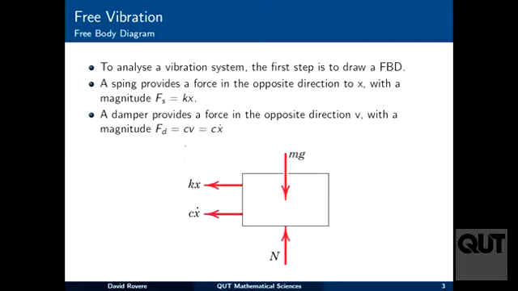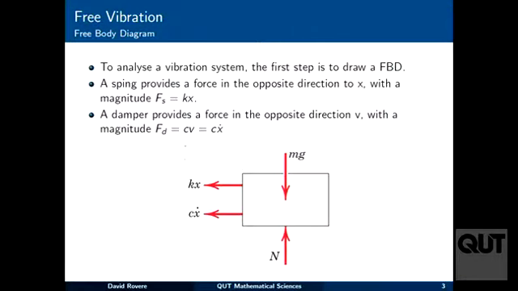A damper is another common element. A damper provides a force with a magnitude of c times velocity in the opposite direction to the velocity of the object. So you can see the kx and c x dot terms pointing to the left because we're told x points to the right.